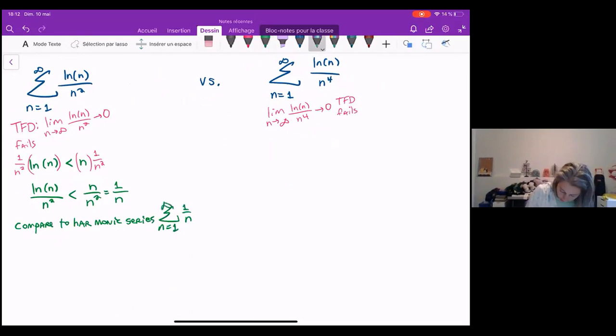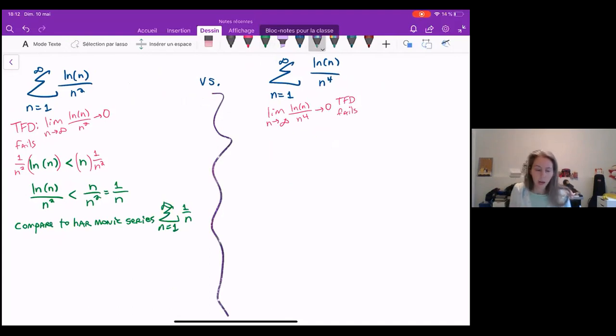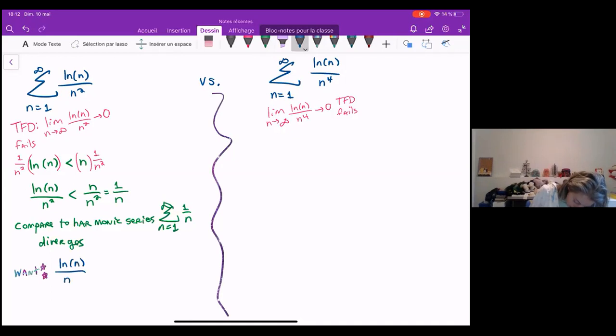I'm just going to draw a little line down the middle here so that we can keep each one on its proper side. We know that the harmonic series diverges. So the inequality we would want to be true would be that ln n over n should be greater than 1 over n.